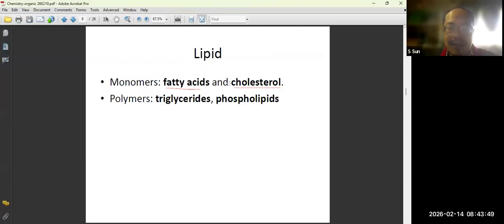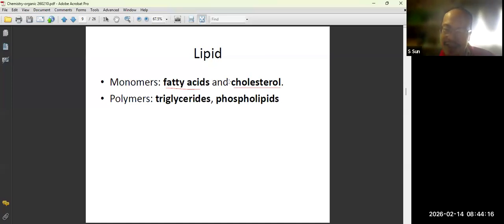Hydro means water, and phobic means scared of water. They are not very friendly with water. So if you drop lipid in water, it doesn't get dissolved. It will separate. Cholesterol and fatty acids all have the same feature, so we collectively call this lipid.